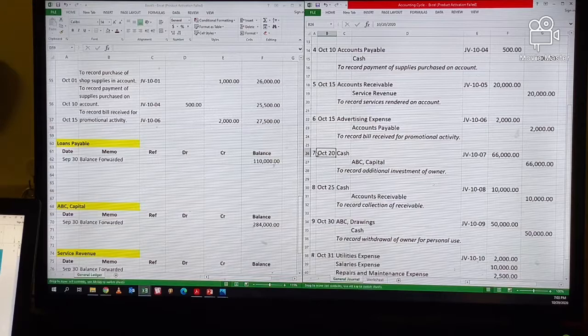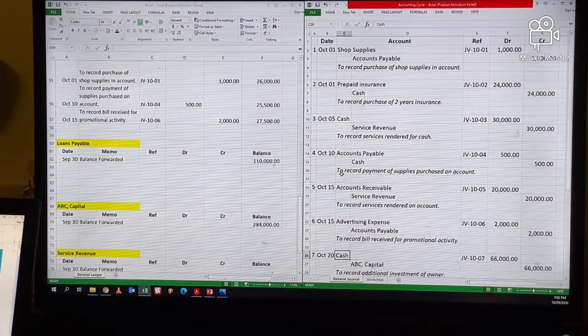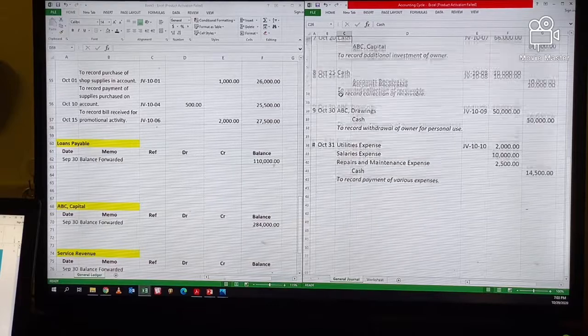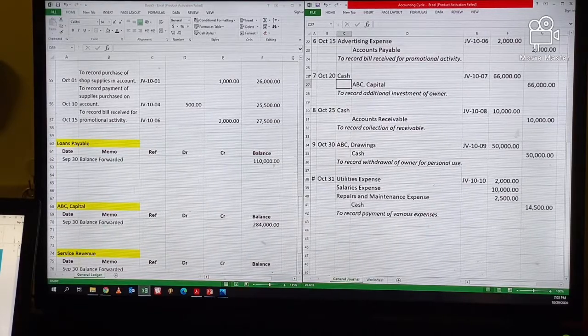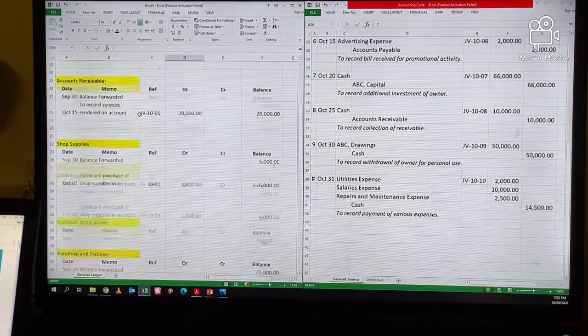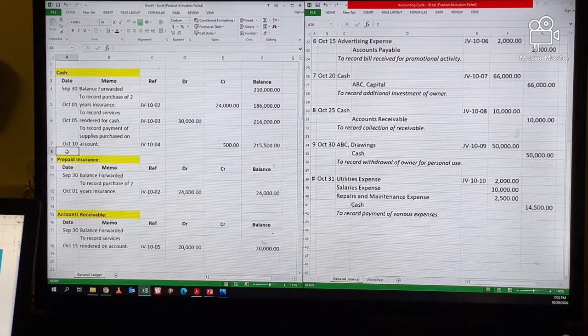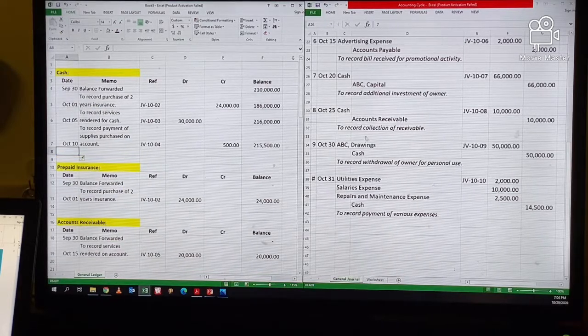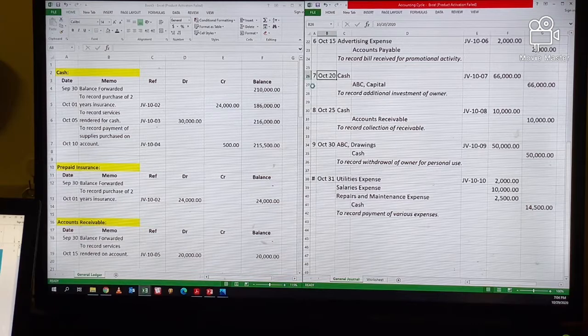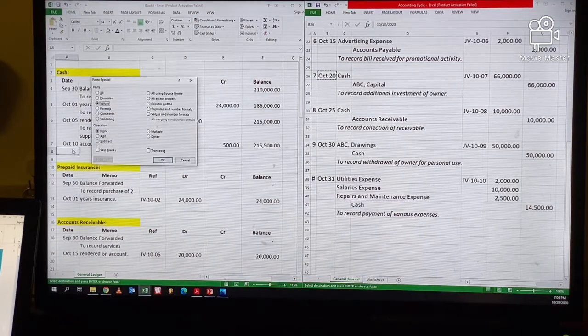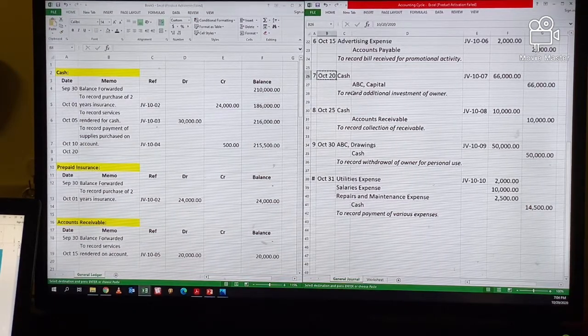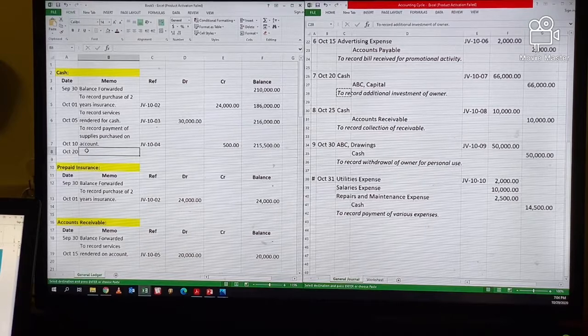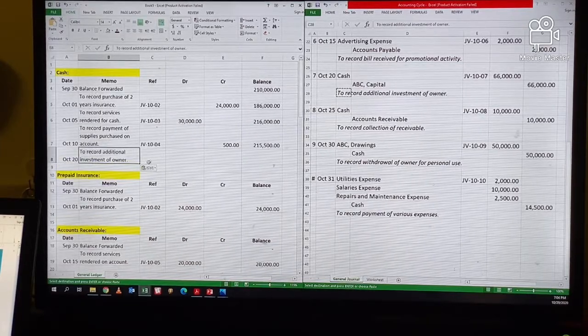Number 7 na tayo. Okay, so, debit natin ay cash. Okay, so, nandito na tayo. So, let's go to cash. Tayo ay October 20 ang date. To record additional investment ng owner.